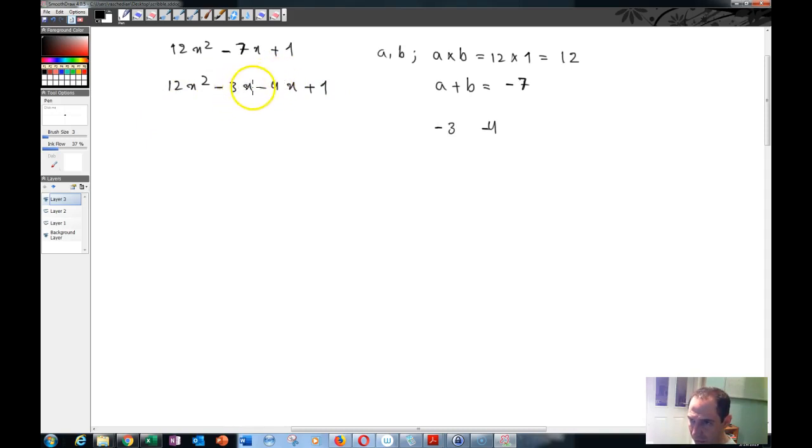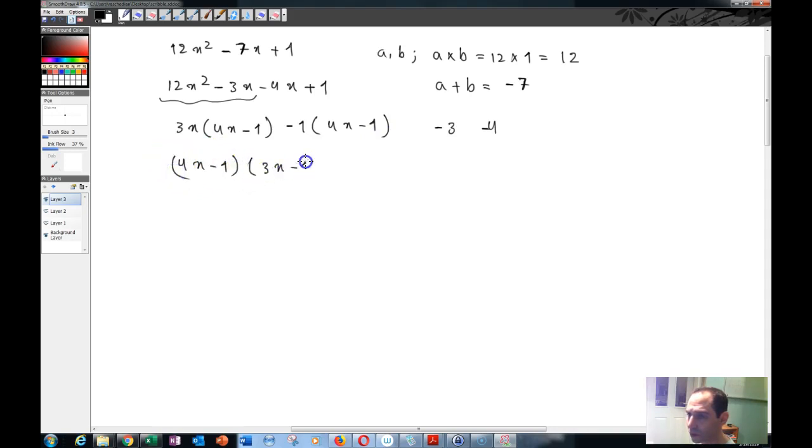Then I can take these two together and take a 3x out, leaving 4x minus 1, and take a negative 1 out here, leaving 4x minus 1. That gives 4x minus 1 times 3x minus 1, which is the factorized version of this polynomial.